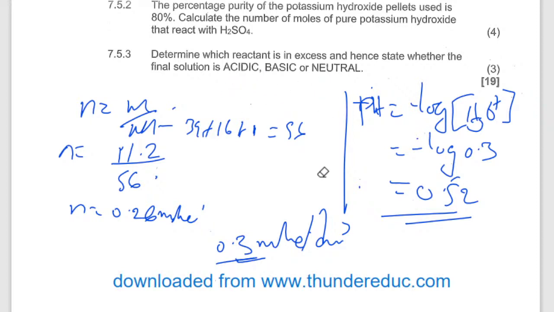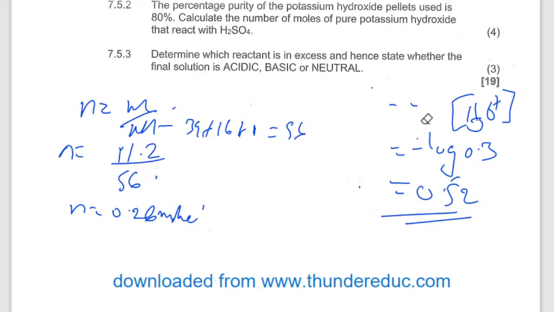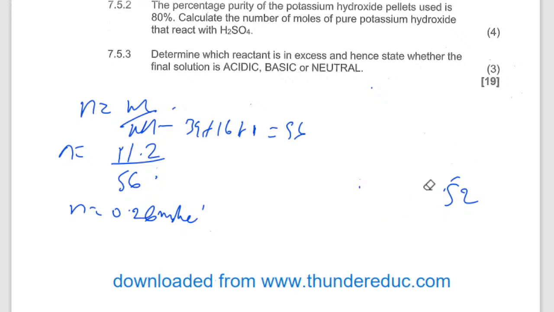But don't forget that these are the number of moles which were found in 11 grams of potassium hydroxide. So now what I am supposed to do is make an expression of 80%, because they said 80%.